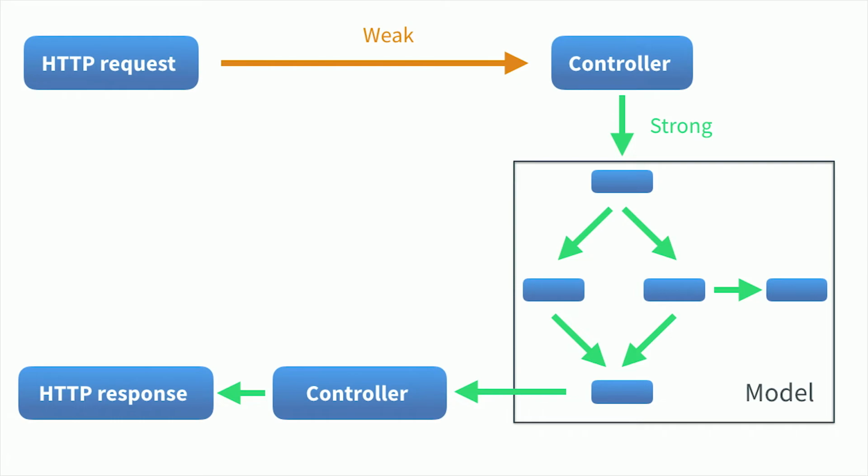And everything from the controller forward is strongly typed. It's in nice objects, and you can verify statically that the rest of your application works. And if you let types spread out to your application, it makes it much more reliable, and everything is checked and type solid.